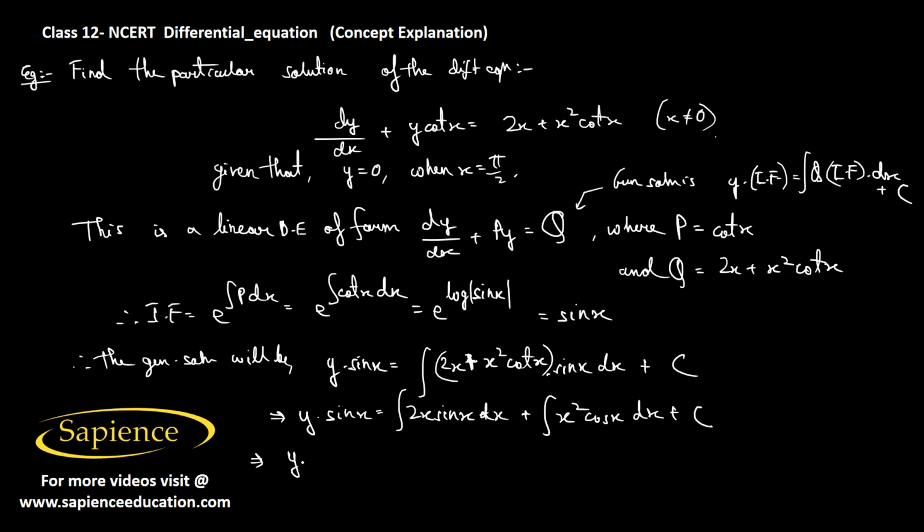So now we have to integrate by parts, which means we have to use the ILATE rule. The ILATE rule says the order is inverse, logarithmic, algebraic, trigonometric, and exponential. So we take the trigonometric function as the first function and the algebraic one as the second function, since here we have x square cos x.